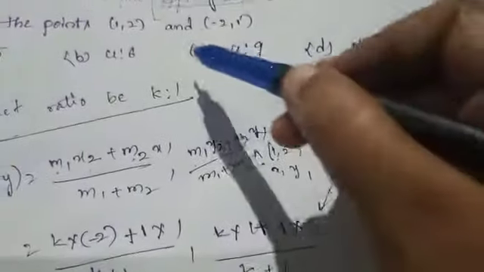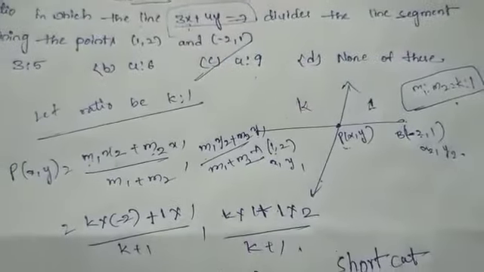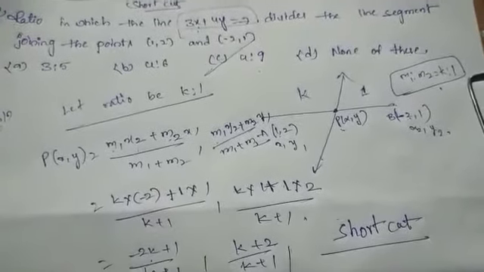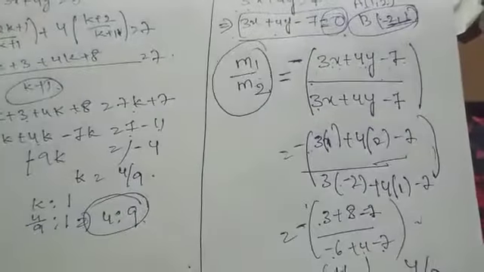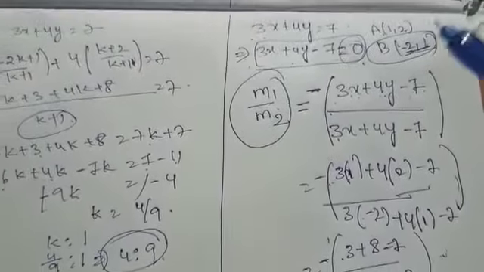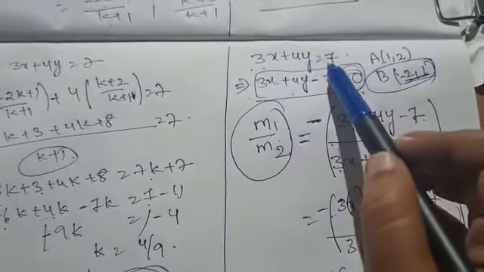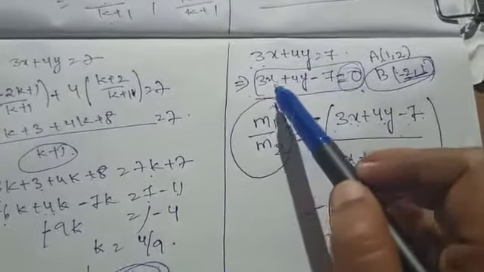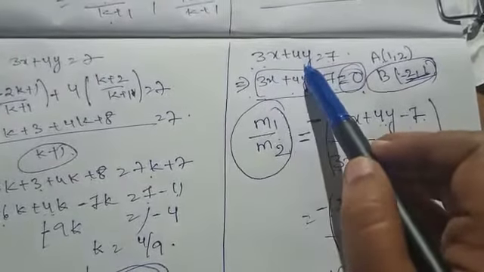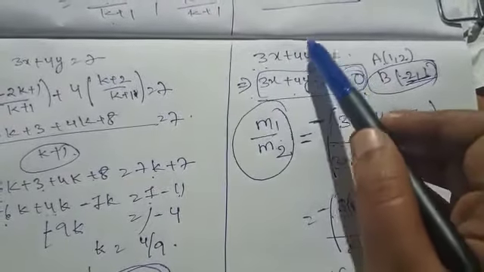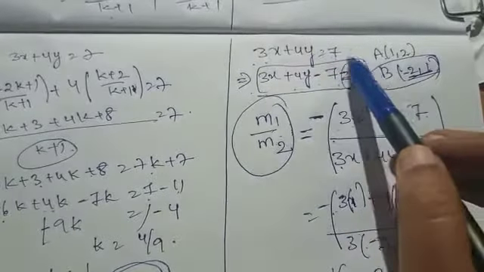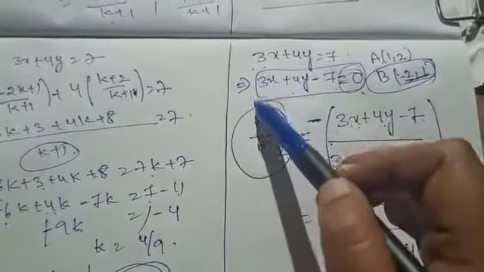See this option, option C. Option C is correct. What have we done? Here the given equation of the line is 3x + 4y = 7. Write it in this form: 7 comes to this side, 3x + 4y - 7 = 0.